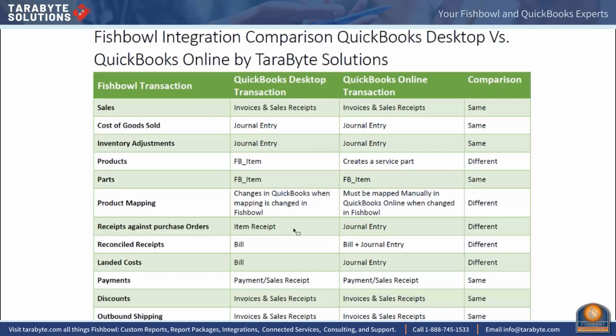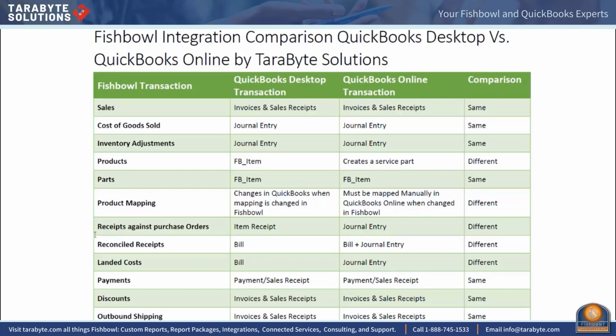Then when we reconcile our receipts to the bill, in QuickBooks Desktop, we get a bill. And in QuickBooks Online, we get a bill plus a journal entry reversing the journal entry that was the receipt.